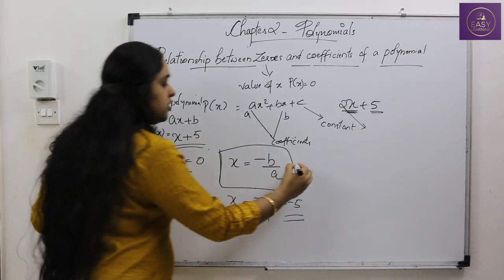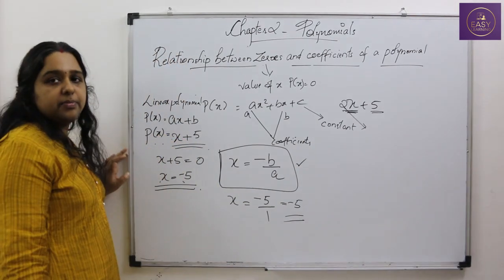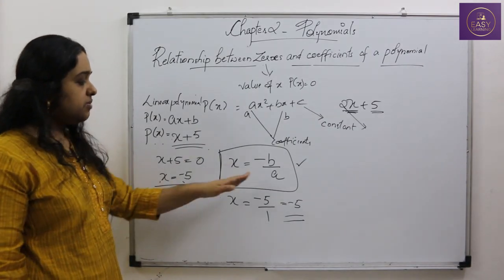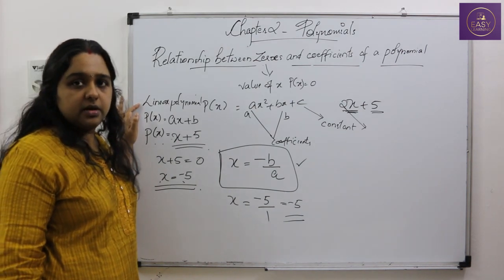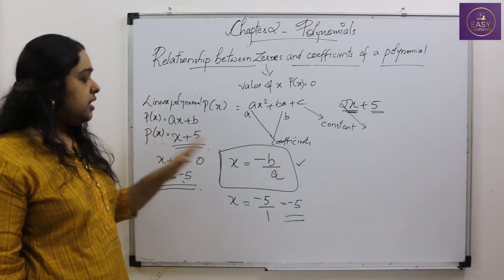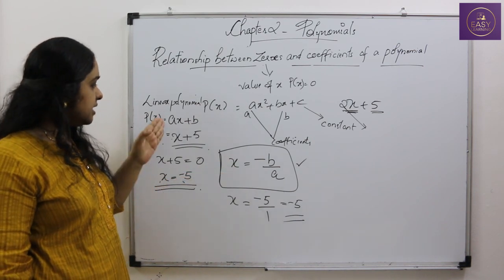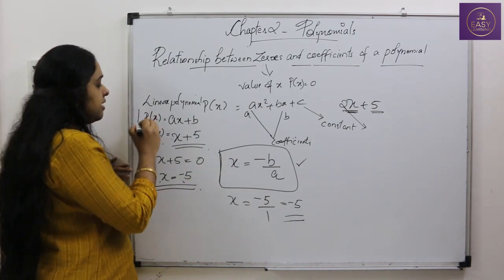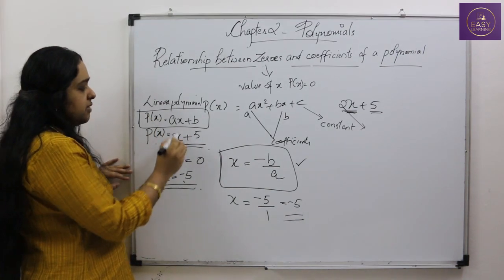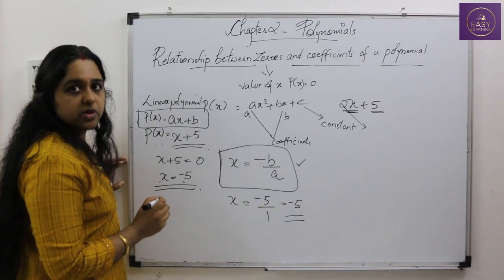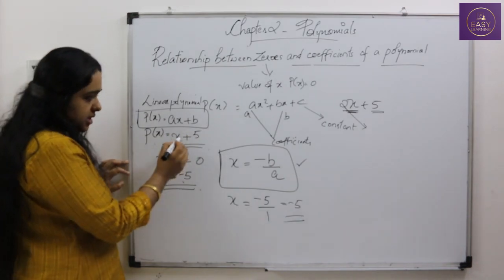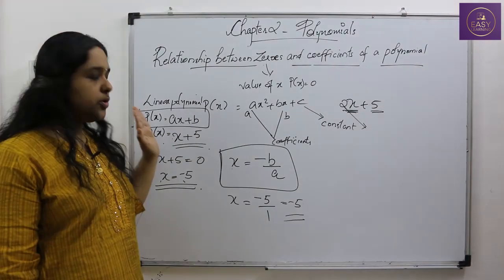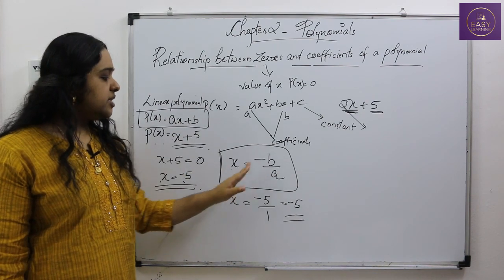You have to remember this equation, x equals minus b by a for any linear polynomial. You can just note it down. I am writing the general form ax plus b so that you can easily identify the values of a and b. So for a linear polynomial x equals minus b by a.